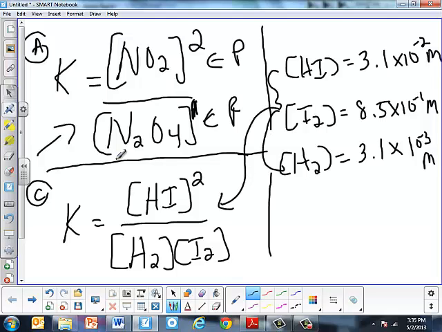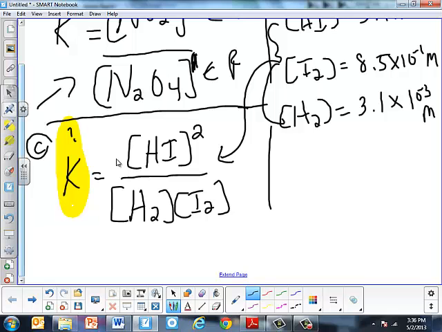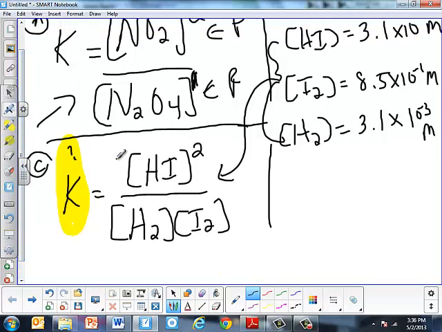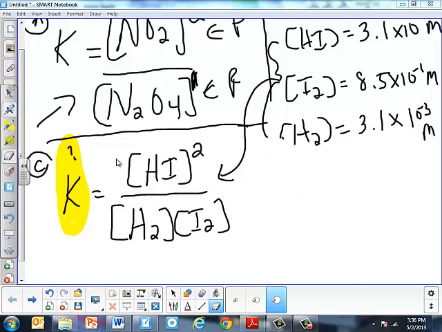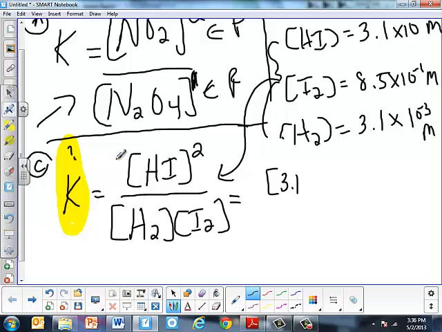To find the equilibrium constant, literally all I have to do is take these numbers and plug them into my equilibrium expression, because what we're solving for, the unknown, is this K value right here. So let's plug and chug and see if we can get a correct answer.